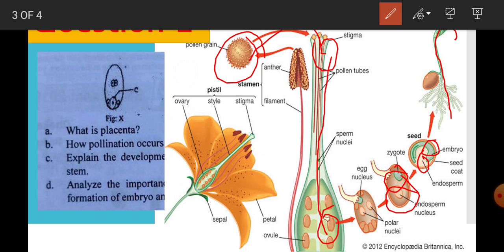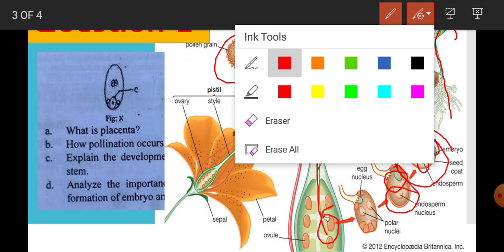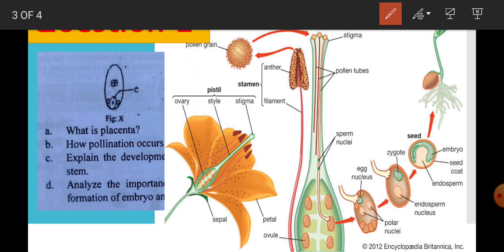So both the processes are important for the formation of the seed, where embryo and endosperm. So you have to describe this.